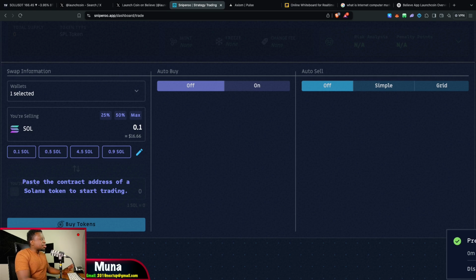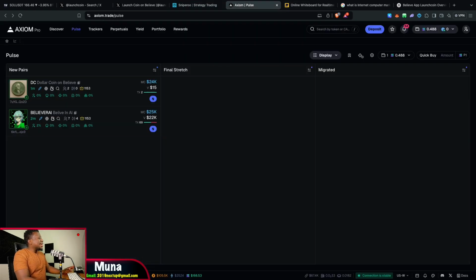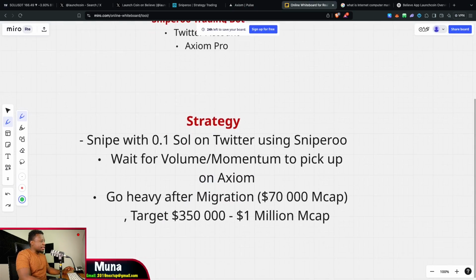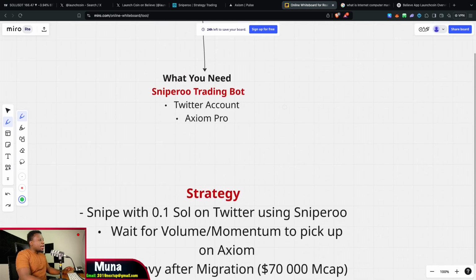The next stage is identifying the build up in momentum. Step one is identifying the coins, the Twitter profiles that can potentially pump.